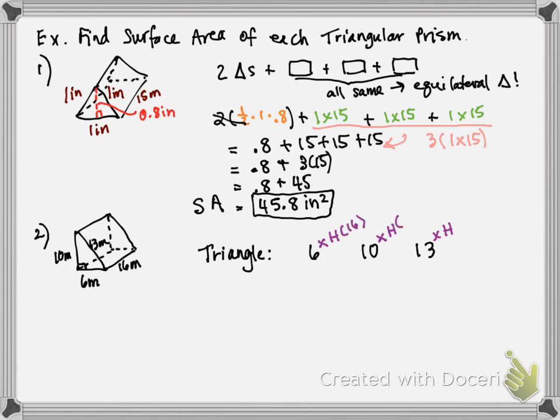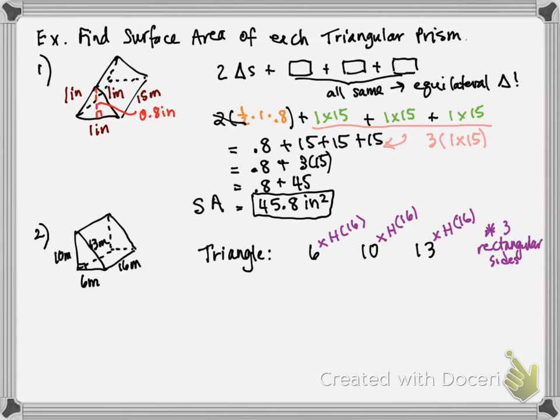And that's going to be my 3 rectangles. Three rectangular sides. It's as simple as that. So that's what we do: we take the triangle's dimensions, we multiply them by the height of the prism, and those are going to be your 3 rectangular sides.